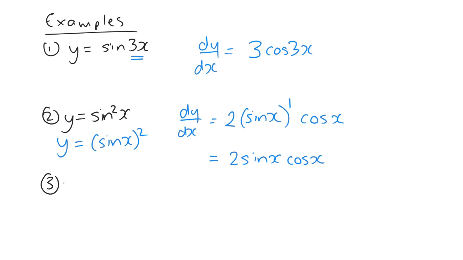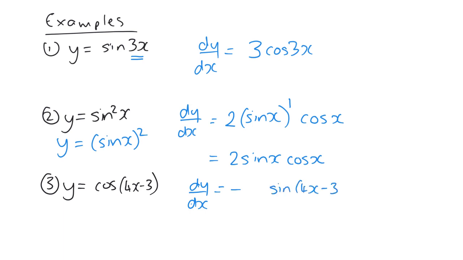Our third one, y equals the cos of 4x minus 3. So when we differentiate that, differentiate cos, you get minus sine. So the minus the sine of 4x minus 3, and then we'll have to differentiate this part here. So differentiate that, and we get 4.